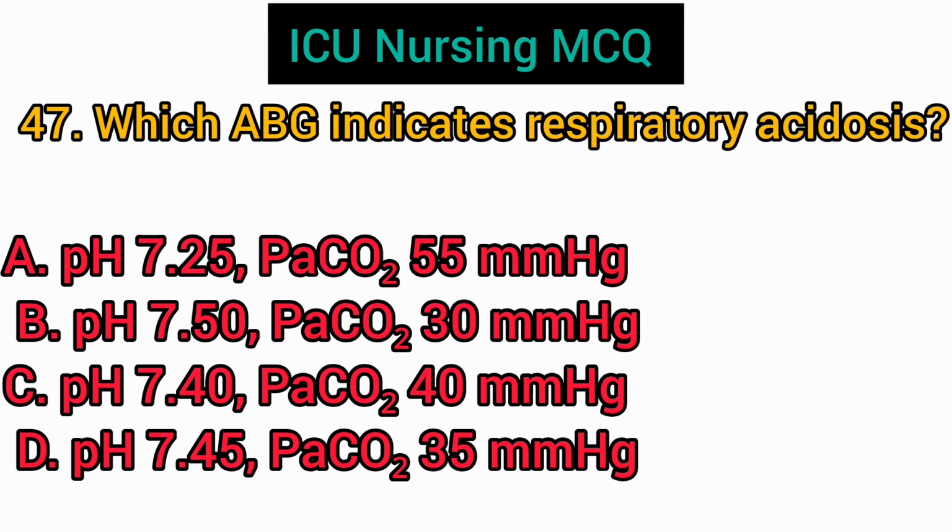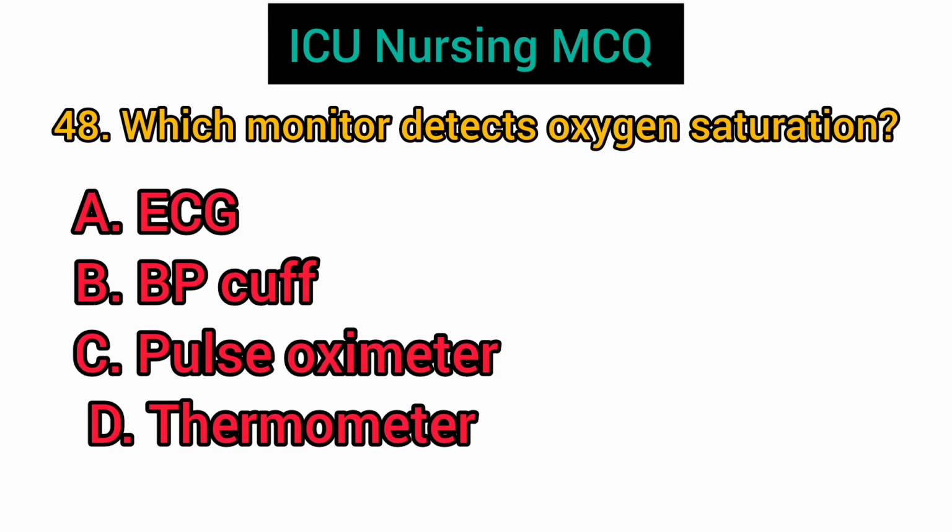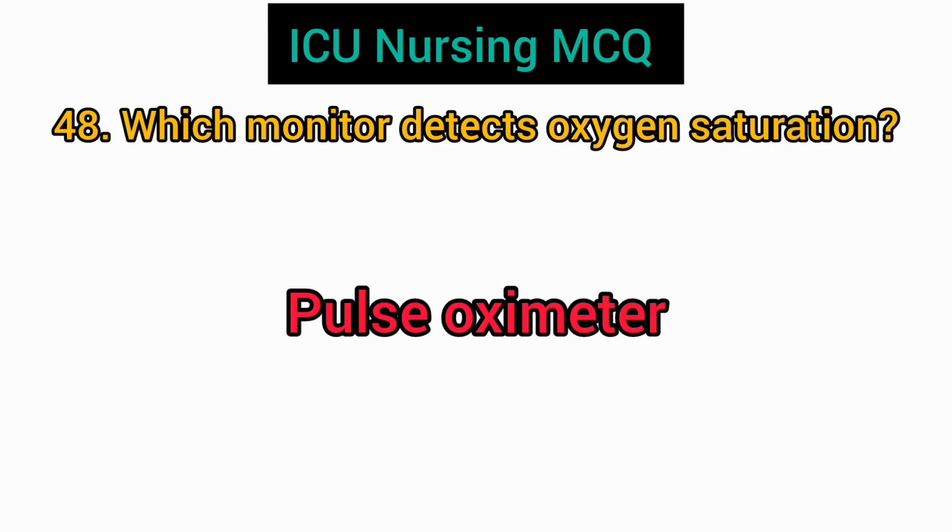Which ABG indicates respiratory acidosis? pH 7.25, PaCO2 55 millimeters of mercury. Which monitor detects oxygen saturation? Pulse oximeter.